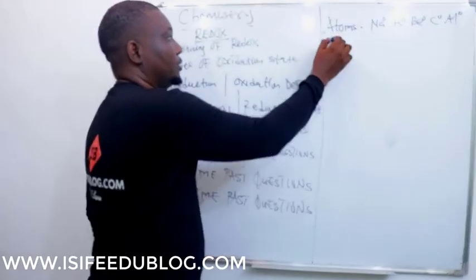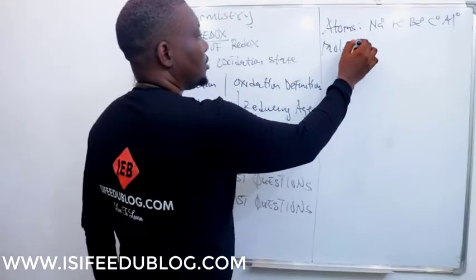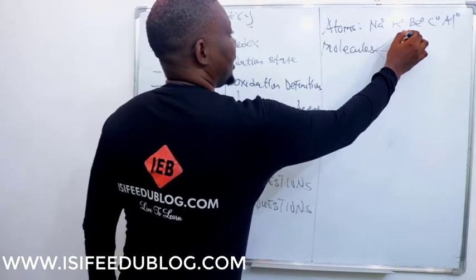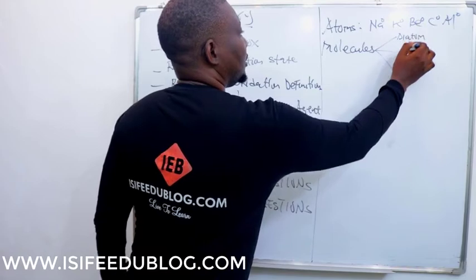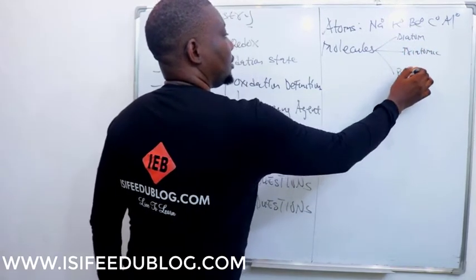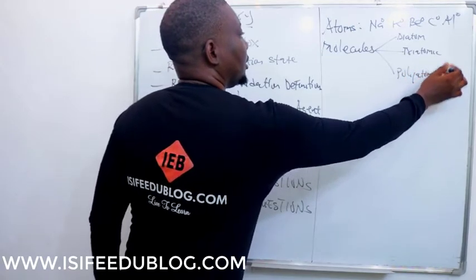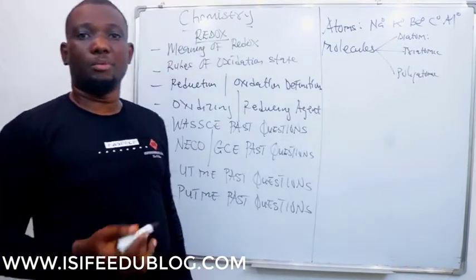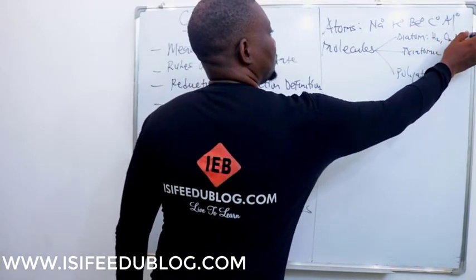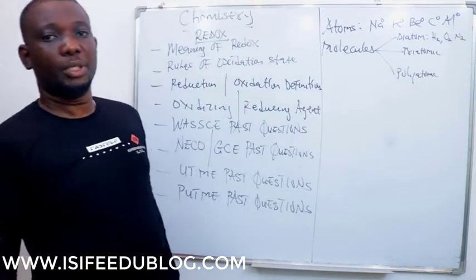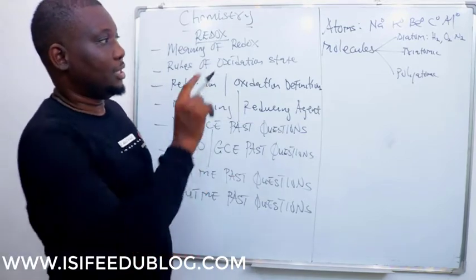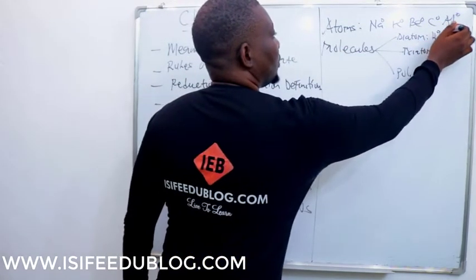And then if it is molecules, we have 3 aspects of molecules. A molecule can either be diatomic, triatomic, or polyatomic. So we have some diatomic molecules: hydrogen, oxygen, nitrogen, bromine, iodine, etc. The sum of the oxidation states, as they are not combined in their molecular state, is also equal to 0.